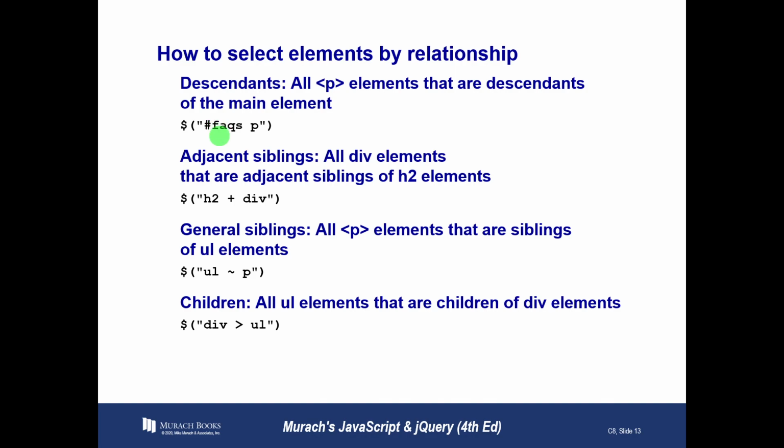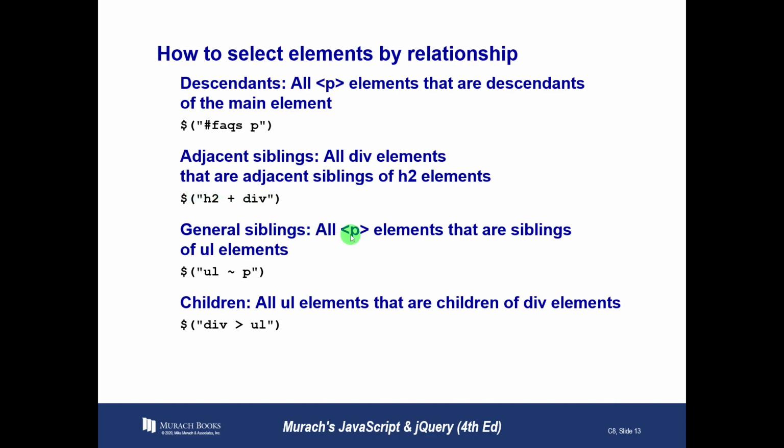Okay. We can do adjacent siblings. So that's the plus sign here. It tells us we're getting adjacent siblings. All div elements that are adjacent siblings of H2 elements. So we have to have a div element that is next to an H2 in order to be included in there. That would be an adjacent sibling. It's on the same level next to it.